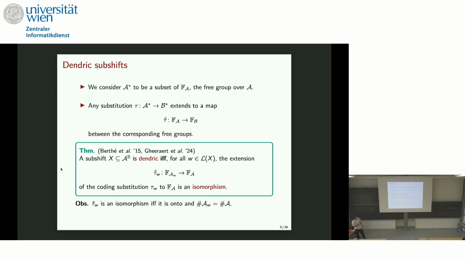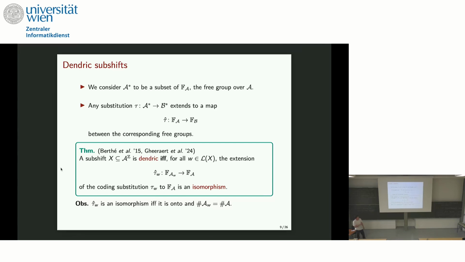It is a characterization. It was proved in 2 parts, in one paper by Valérie Berthé and co-authors, and Francis Gerard and co-authors. It says that a minimal subshift is dendric if and only if for every word W, if we consider the return words to the singleton W, then the extension of this morphism to the free groups is an isomorphism.